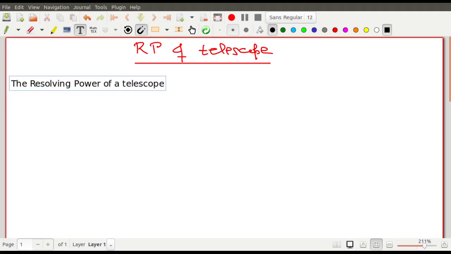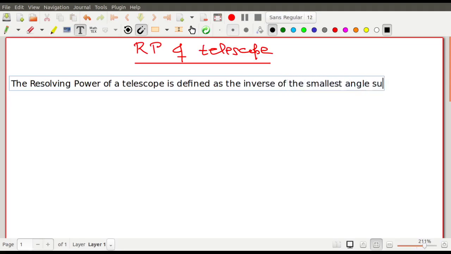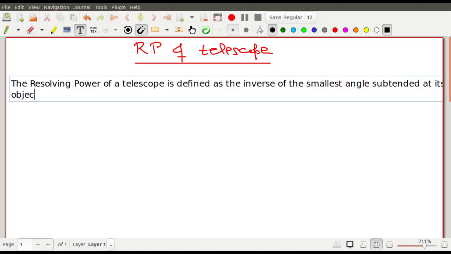The resolving power of a telescope is defined as the inverse of the smallest angle subtended at its objective by two distinct close point objects that can be just recognized as separate.